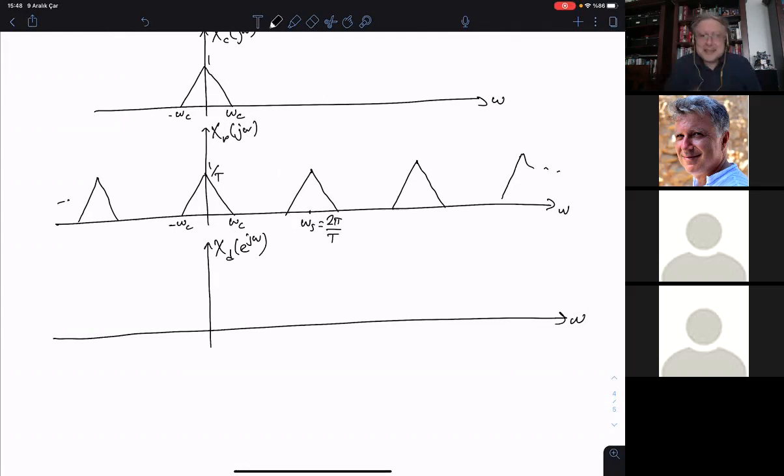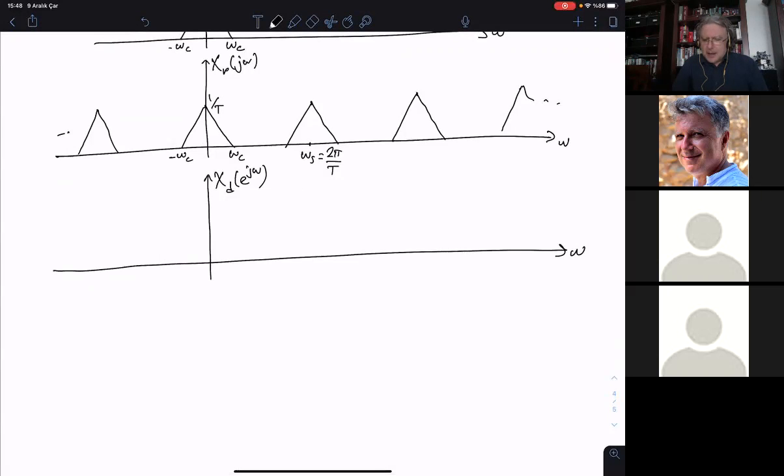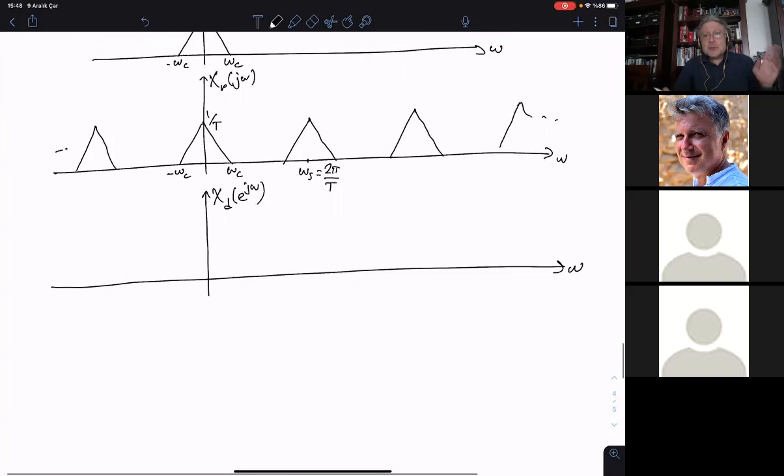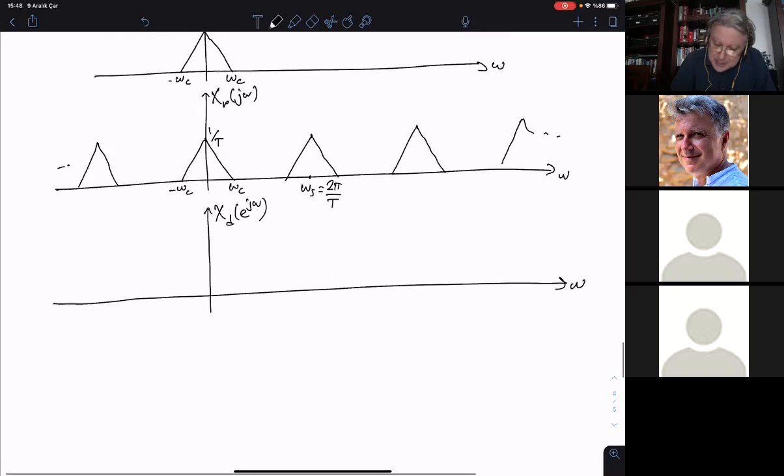Thank you. Yes, because I had been repeating it all the time, right? It must be 2 pi periodic. So let's make it 2 pi periodic. And can we do it? Yes, we can. Fortunately or luckily, we can, because this x sub p of j omega is also periodic. But what is the period?